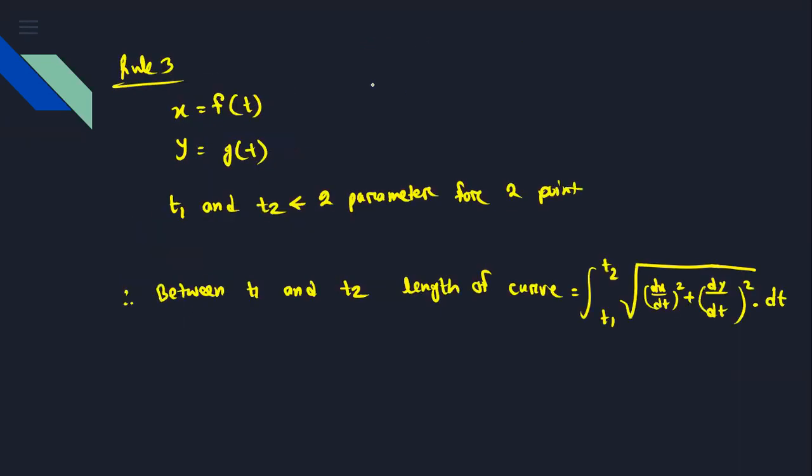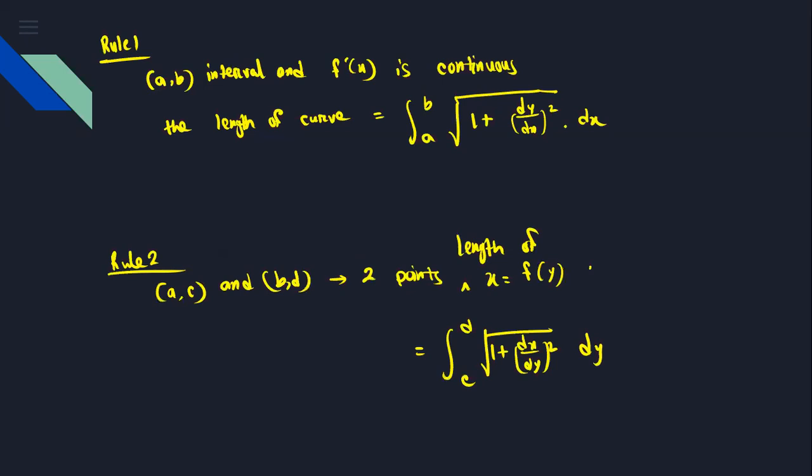So we have so far studied 4 rules. The first rule was, if f prime x is continuous in the interval a to b, then the length of the curve will follow this equation: integration a to b root over 1 plus (dy/dx) whole square, and we have to integrate with respect to x.